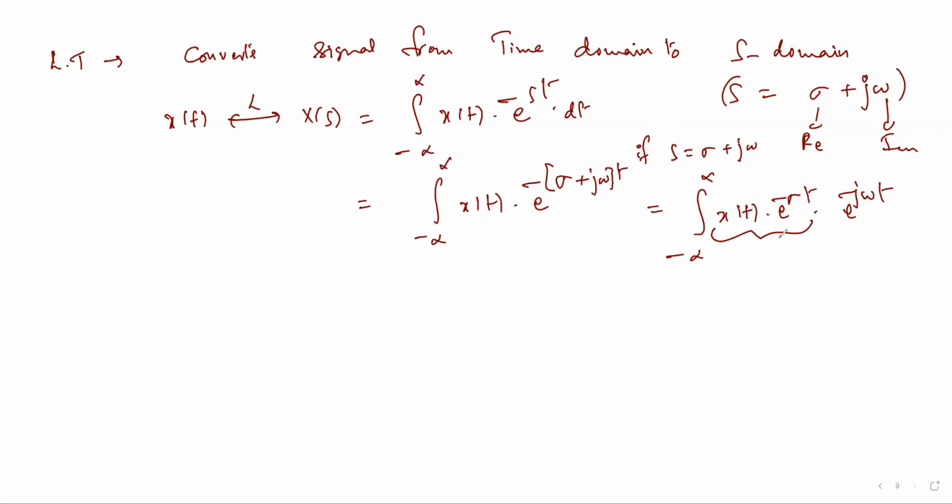We take this as a function. So that is nothing but the Fourier transform of x of t e to the power of minus sigma t. That is the relation between Fourier transform and Laplace transform.